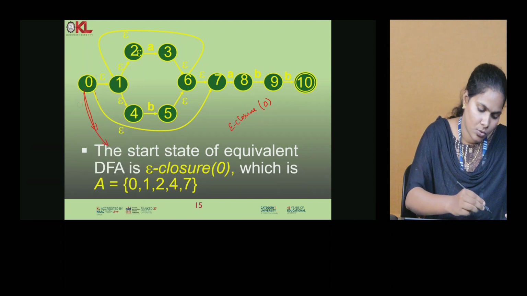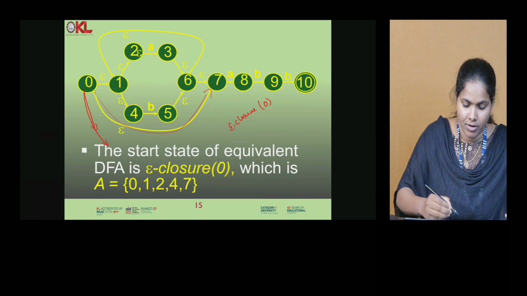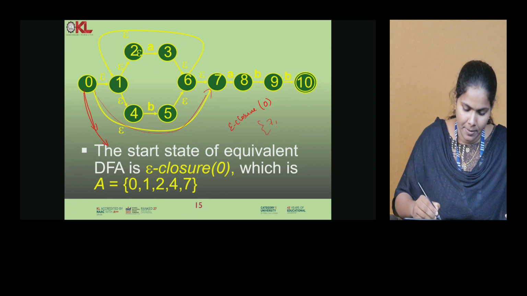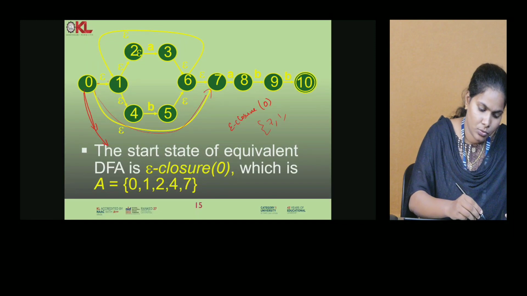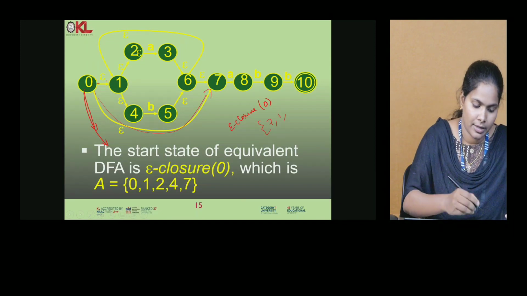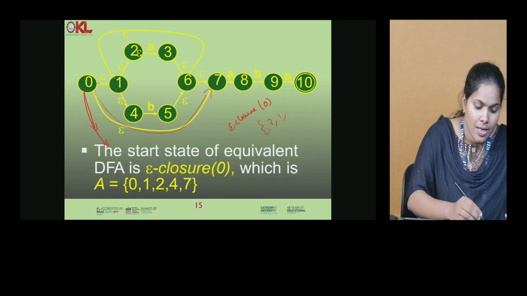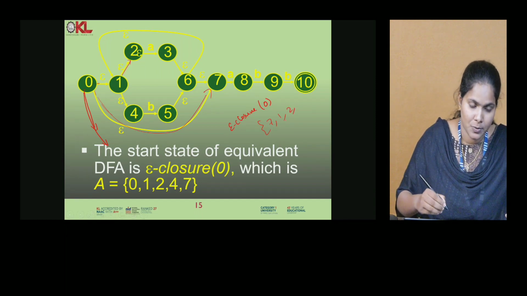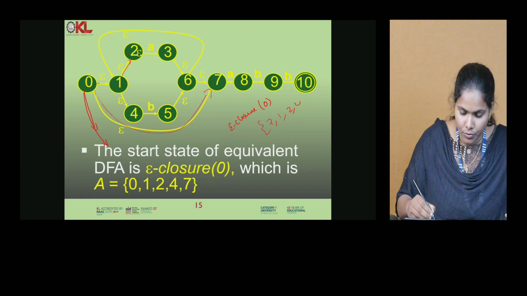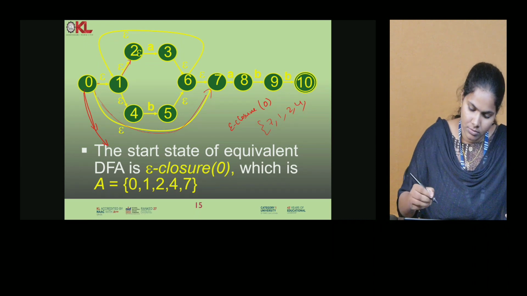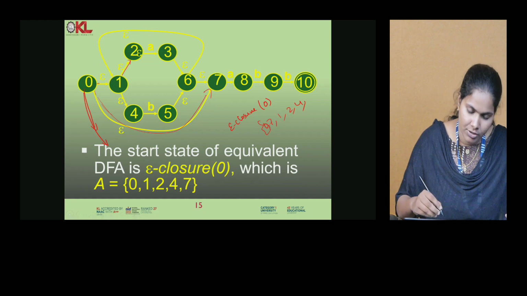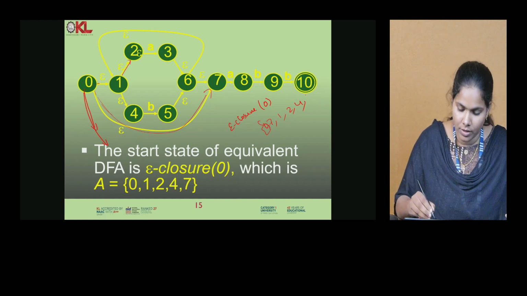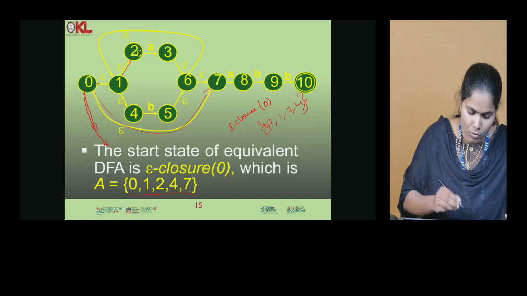Here from 0 you can go to 7, you can go to 1. I told you directly or indirectly, right? So that is a direct one. The indirect ones: from 1 you may go to 2 by an epsilon move, and from 1 to 4. And the state itself is also part of its epsilon closure. Okay, so these are the epsilon closure for this one.